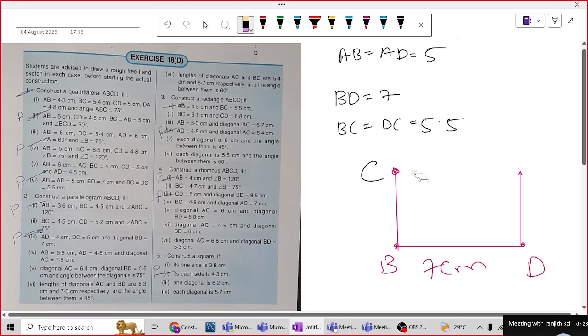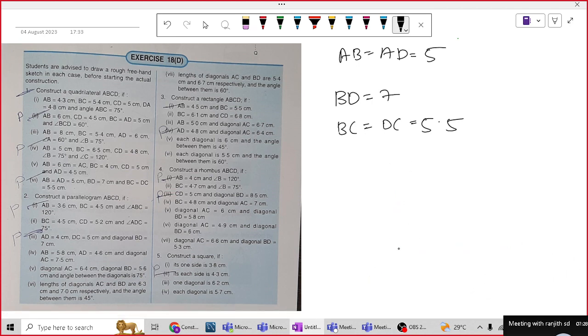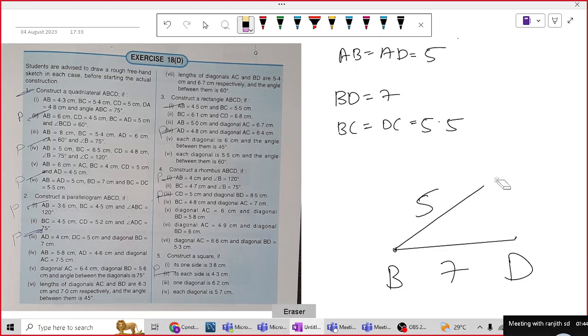Okay, let me draw this. BD, then AB should be 5. BC is equal to DC, 5.5.